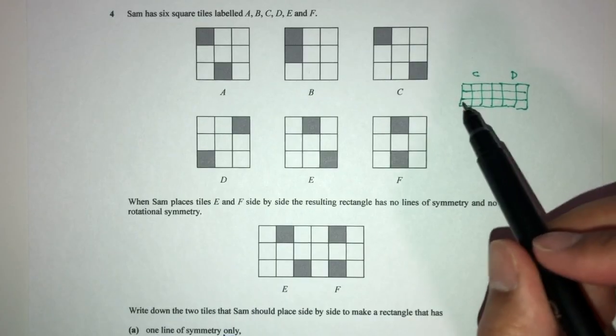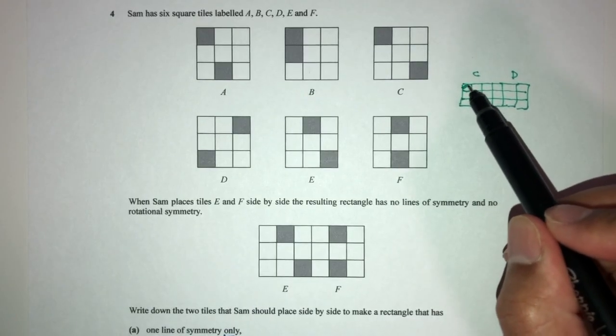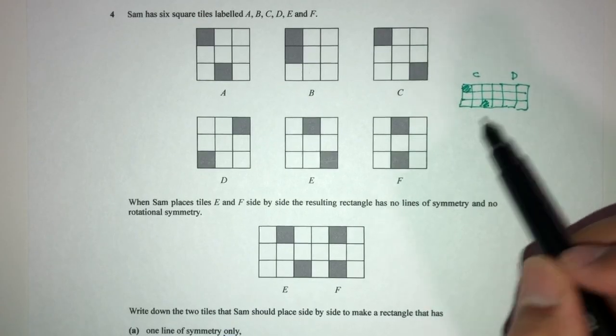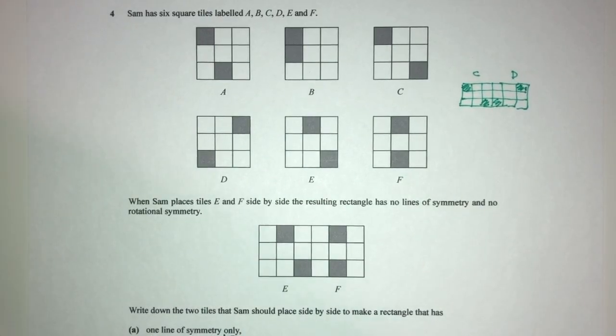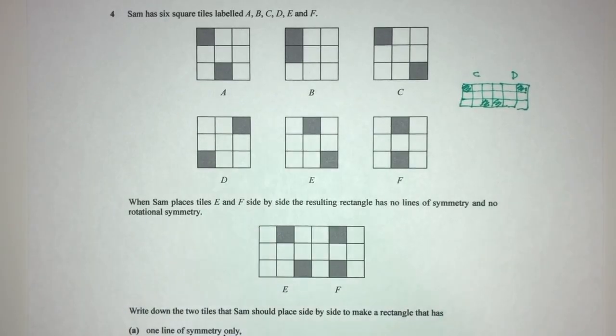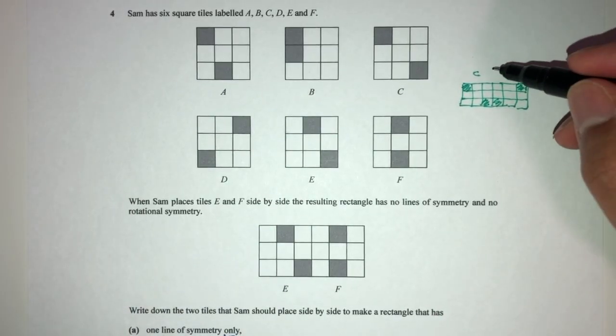You can have something like this for C. And D will be something like this. This is the result of placing the 2 tiles together. As you can see, this will have one line of symmetry, which is going to be here, right? So again, done by observation or by trial and error. You can keep trying to find the one that actually produces the result that you want.